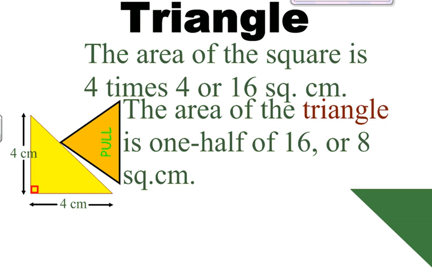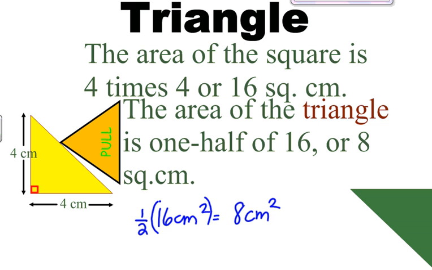Originally, I thought that this square had an area of 16 centimeters squared. And if I did half of that, half of 16 is 8 centimeters squared. I lost that green half.